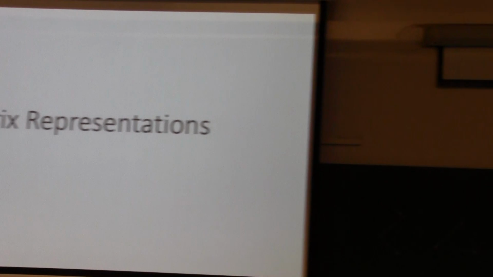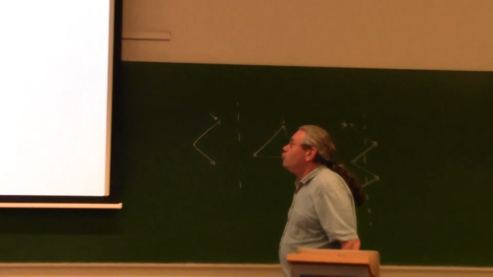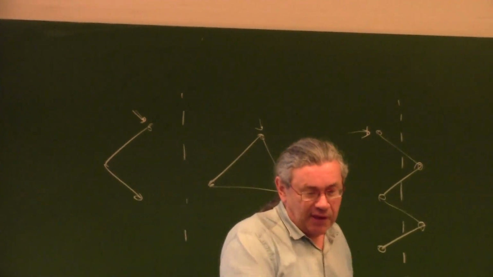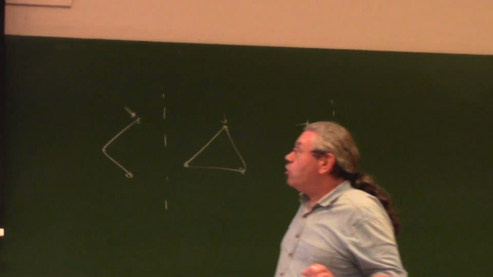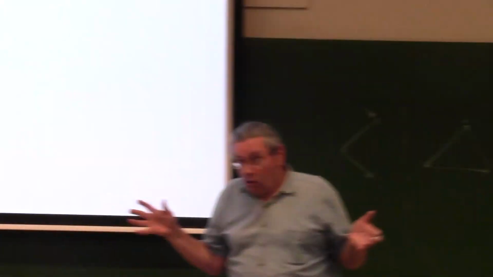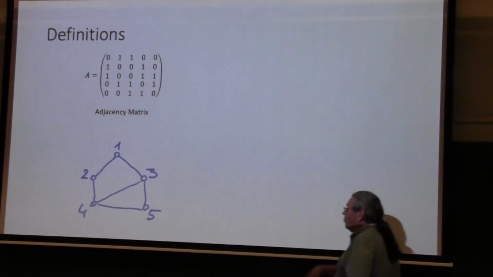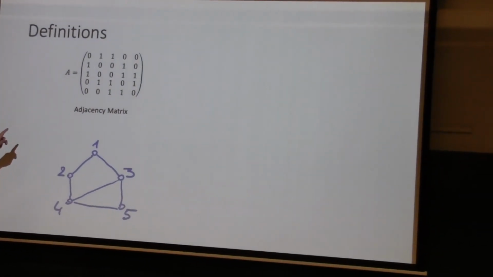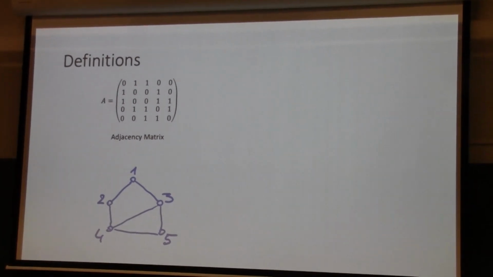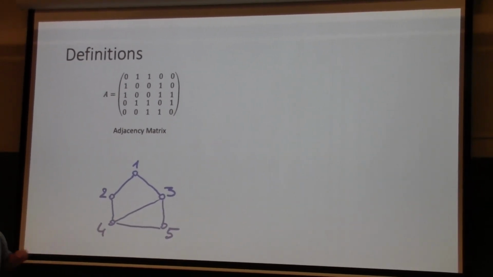Now let's look at a more numerical, formal representation, a matrix representation. We're going to do the same thing now with matrices. So here is my graph, and I'm going to keep using the same example. That matrix called A is the adjacency matrix for this graph.